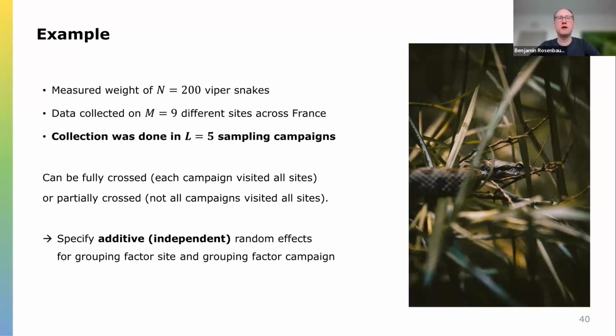We here have 5 sampling campaigns. Again, I don't have information about the time span, or I don't want to acknowledge the time span or the temporal intervals. I just say, okay, at 5 different dates, I went into the field and collected the data.